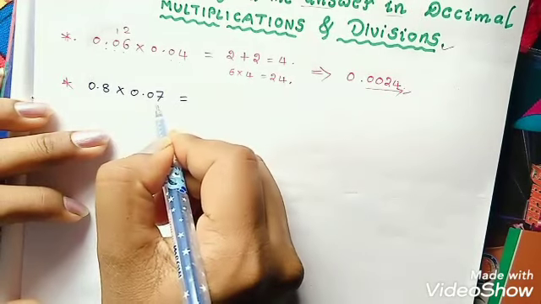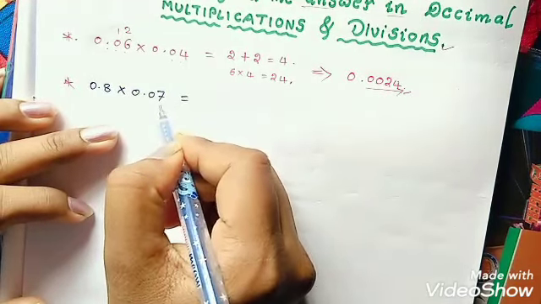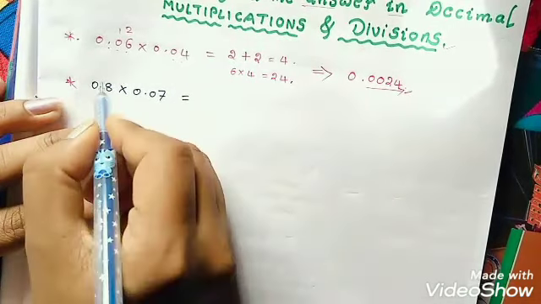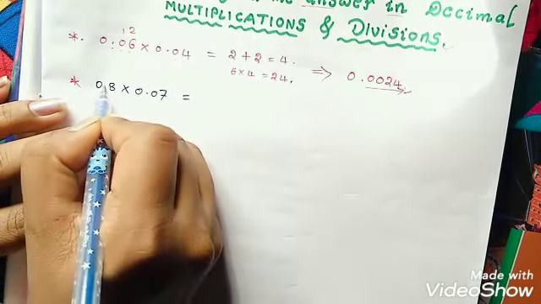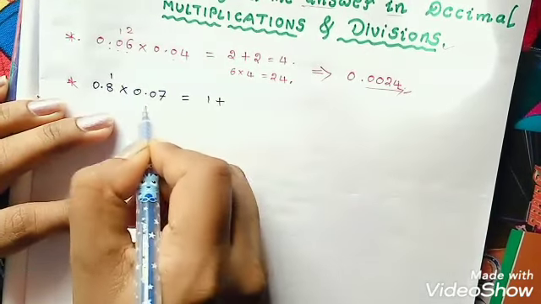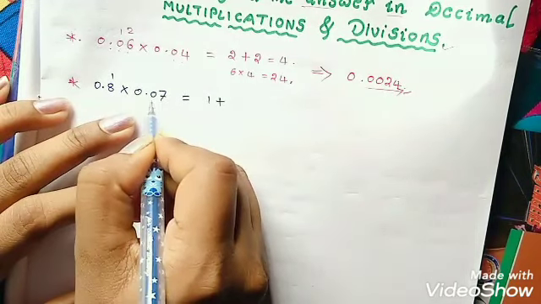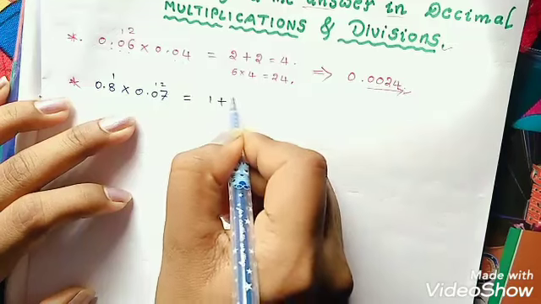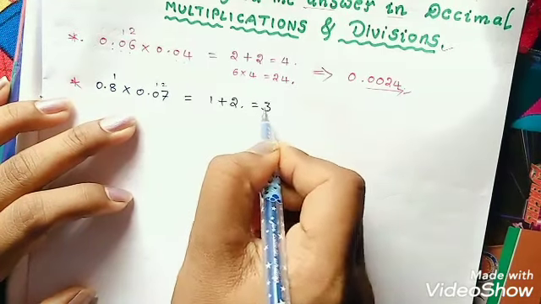0.8 into 0.07. For this also the same method. The decimal places: see here, after the 0 the decimal is located, so this is 1. In this number also after the decimal there are 2 places, 1 and 2, so 2. This is 3.